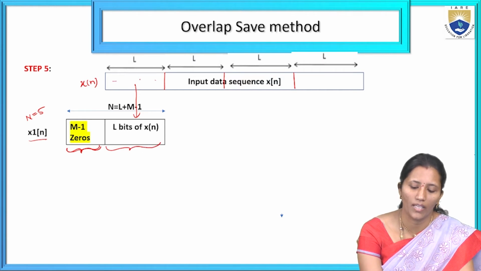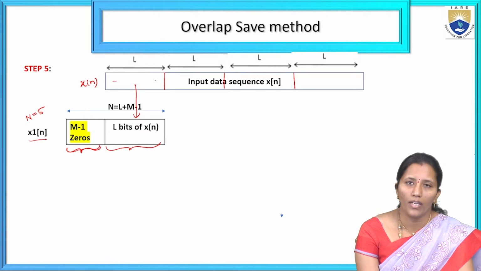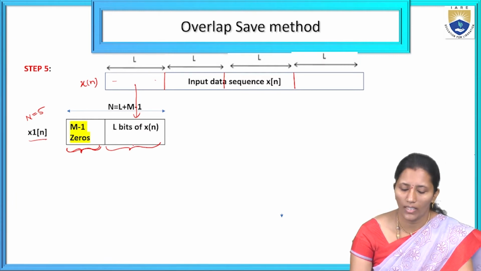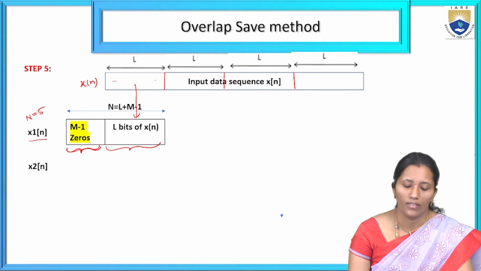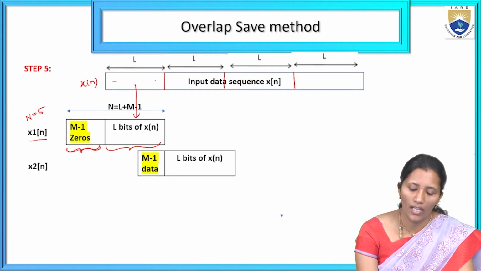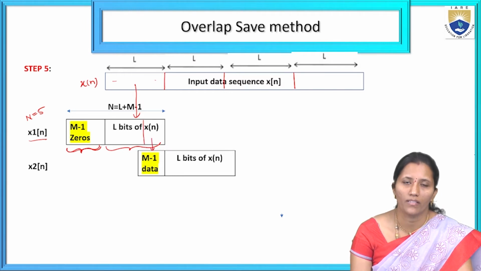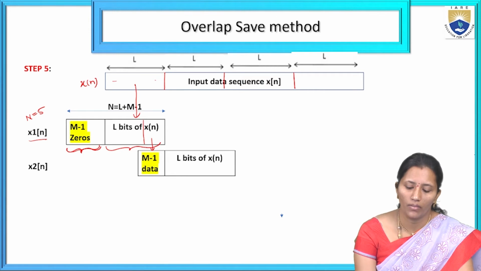Whatever the L bits are, those will come into x1 of n here. To get the segmented block x2 of n, the last M minus 1 bits of x1 of n will come to the first M minus 1 bits of x2 of n.